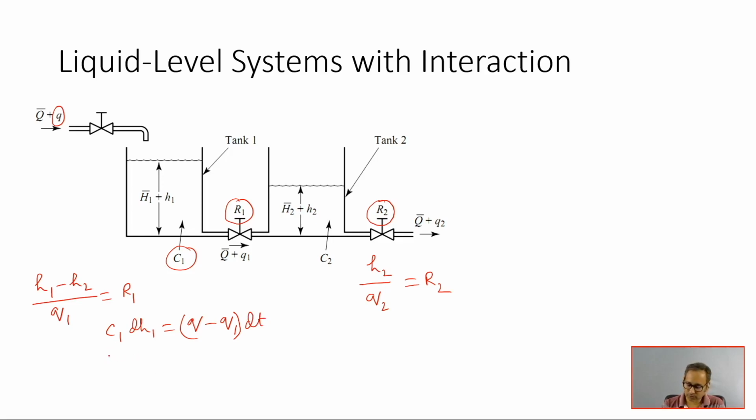Similarly, for the second tank we can write C2 dh2/dt equal to q1 minus q2.